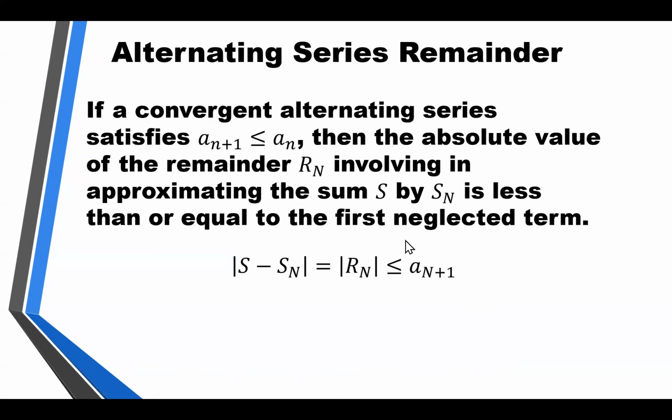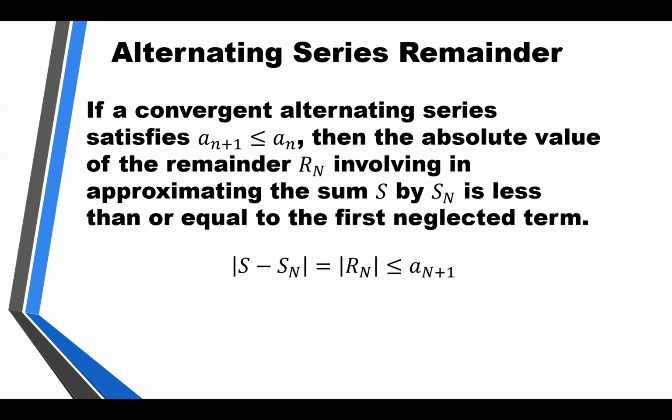This is giving me a bound on my approximation, how far off my first n partial sums is from the actual summation. It's off by at most this first neglected term. By the way, this is the positive parts, so that's why we have the less than or equal to. Again, we saw in our examples, sometimes the first neglected term is negative, sometimes positive.